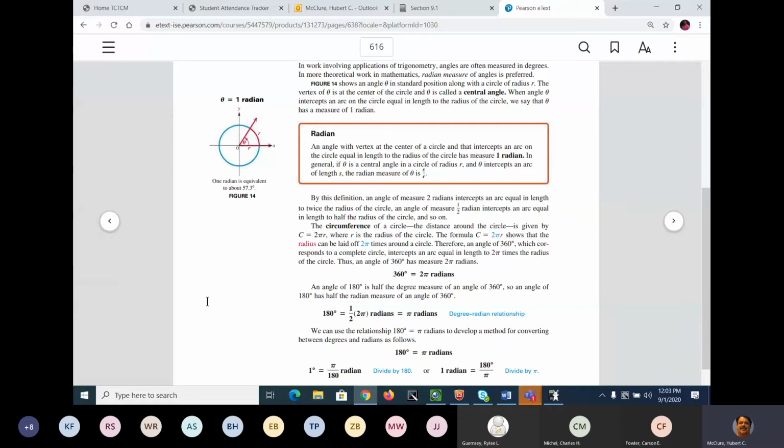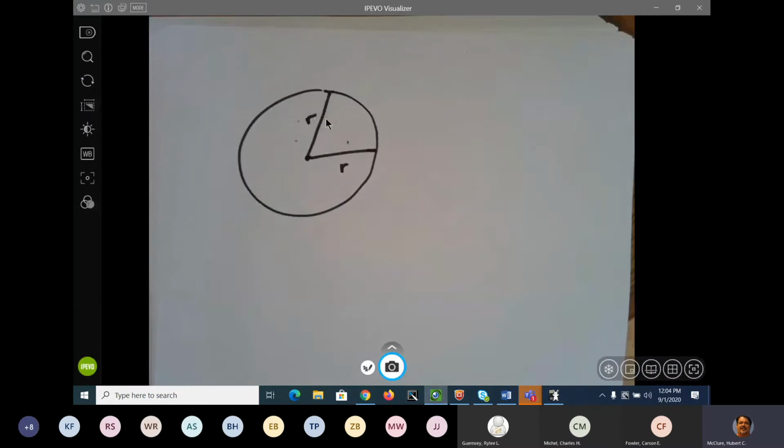When you have a circle and you have a radius here and a radius here, those 2 are equal. We can't see your board. I know. Those 2 right there are equal because the radius is the same no matter what.